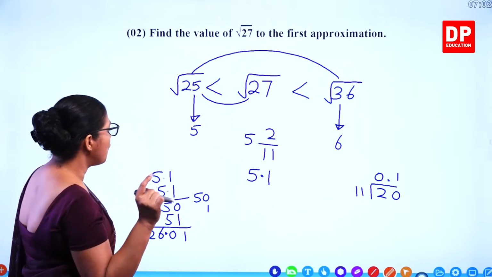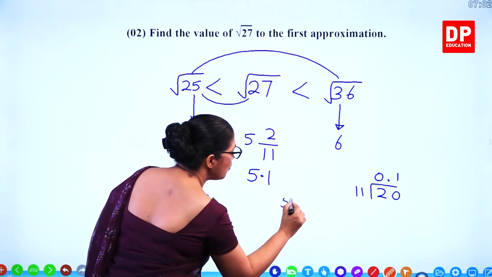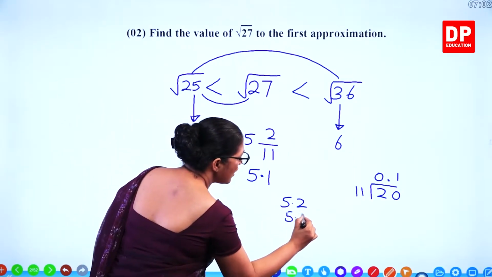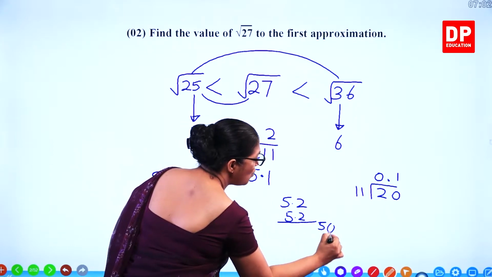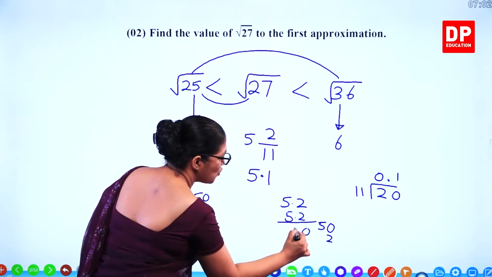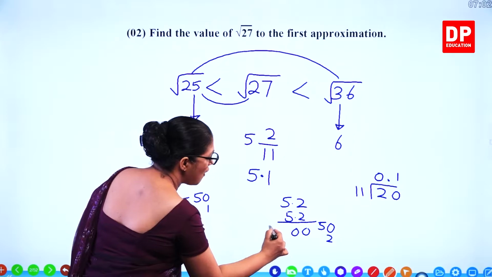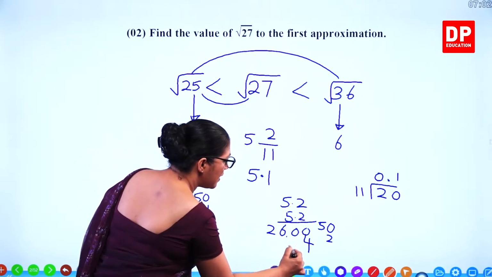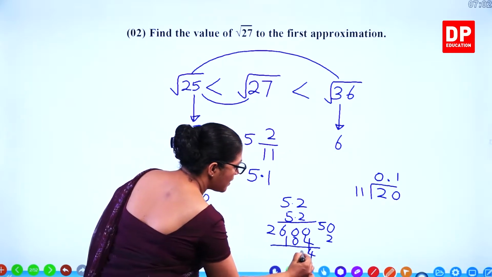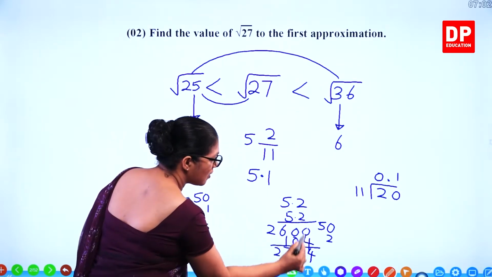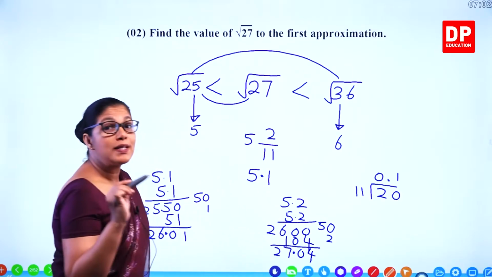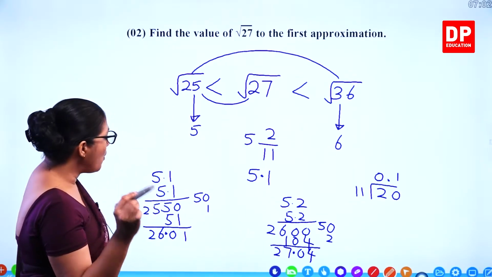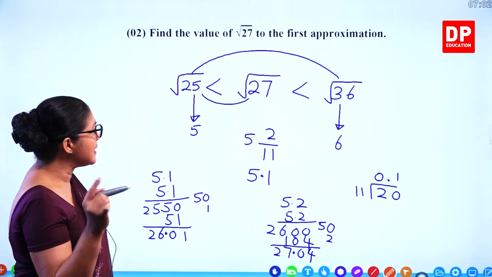And what about 5.2 times 5.2 now? Check it. So 50 and 2. 5 times 2, 10. 5 times 5, 25 plus 1, 26. 2 times 2, 4, and here 10. So you get, keeping 2 decimal places, 27.04. Which one is closer to 27?